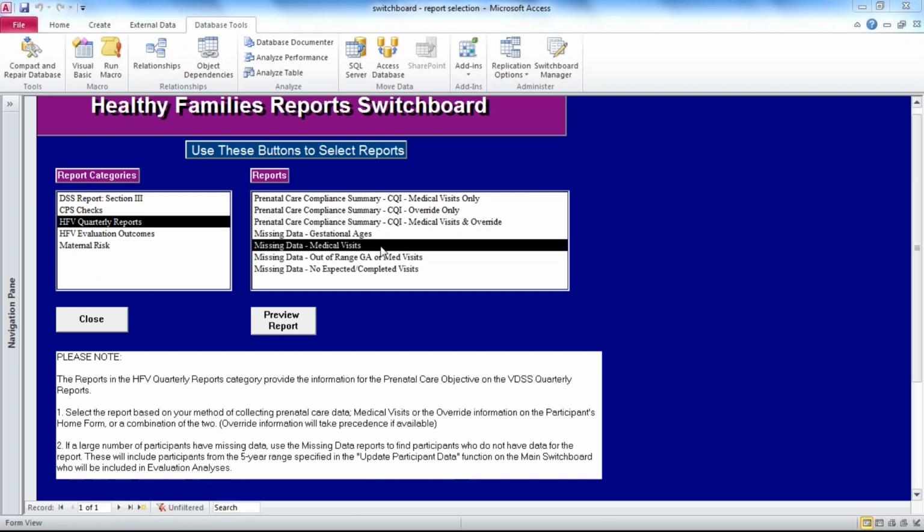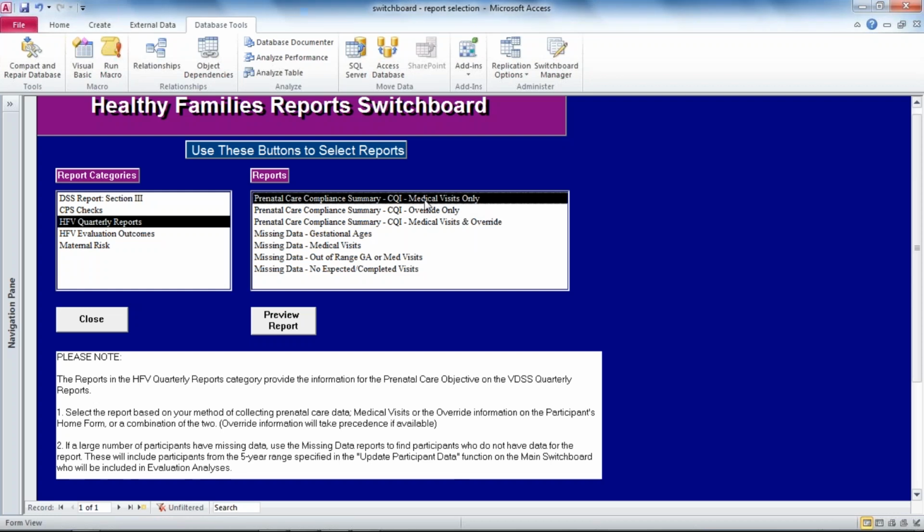If you are not tracking individual medical visits, then you should be using the override to collect that information. So in creating the reports for this, I created options for each of those. Sites that are confident that they're tracking the medical visits well, and that's what they're using, should use the medical visits only report.